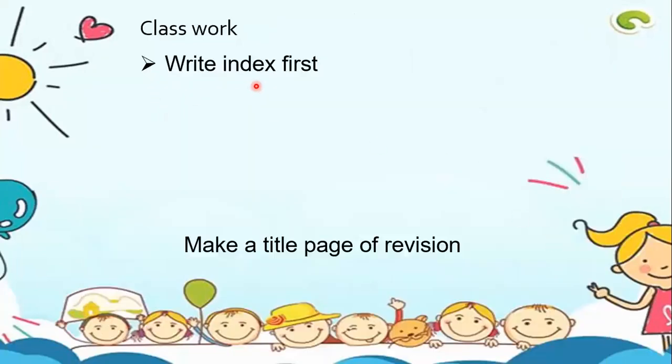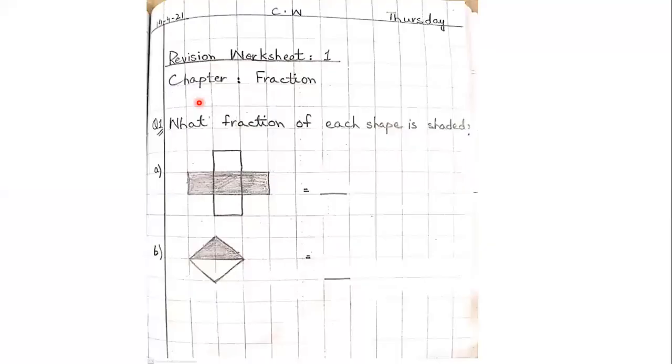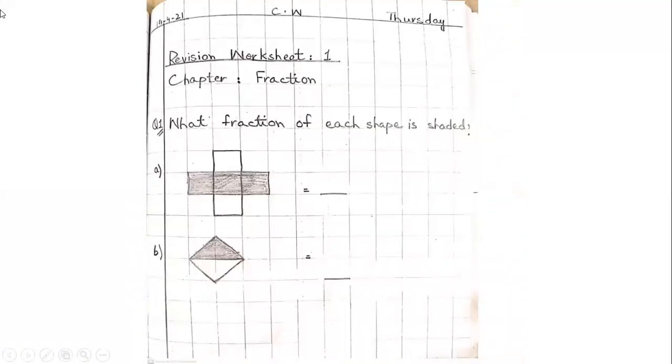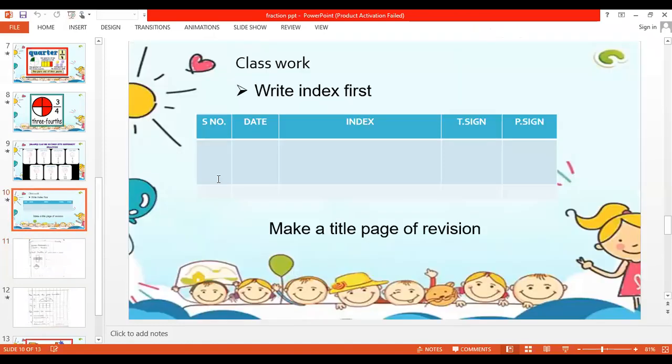Now come to the copywork. Take out your copies. Everybody take out your copies. First of all, write index. Take out your copies and write index first.